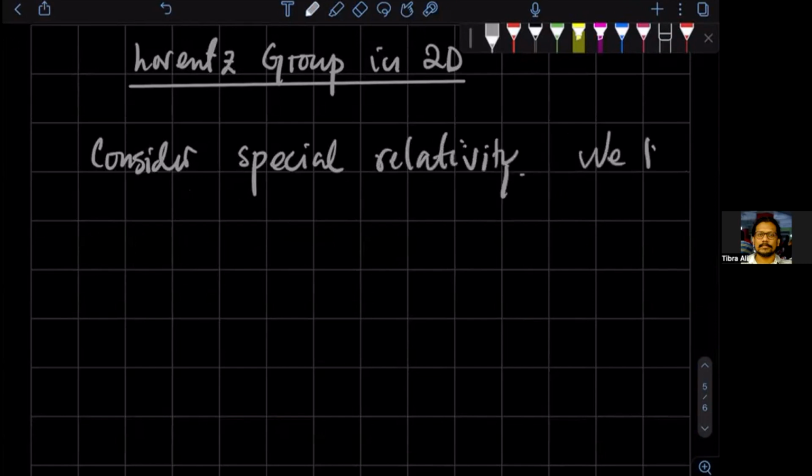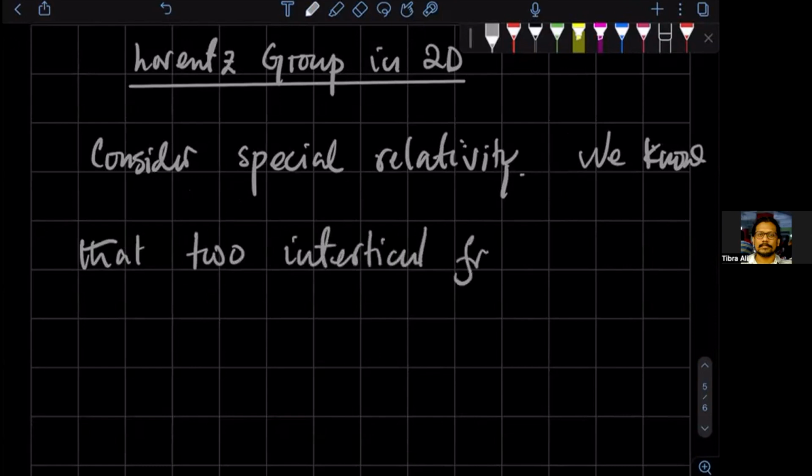We know that 2 inertial frames give rise to the same physics, right?